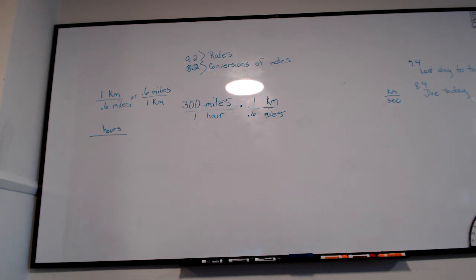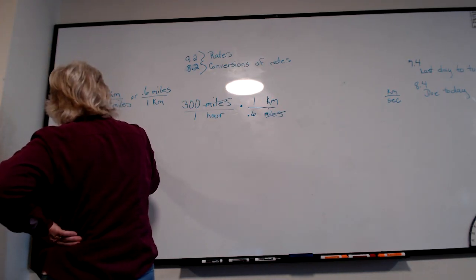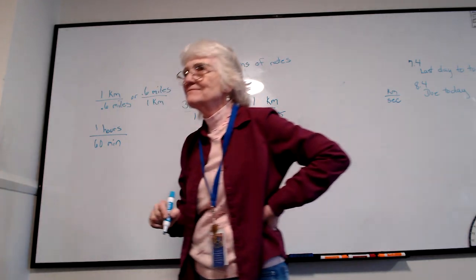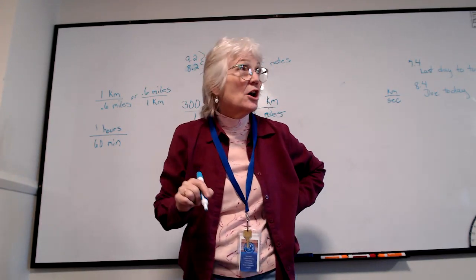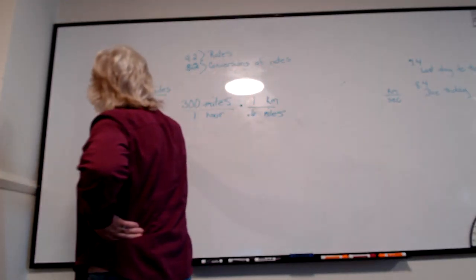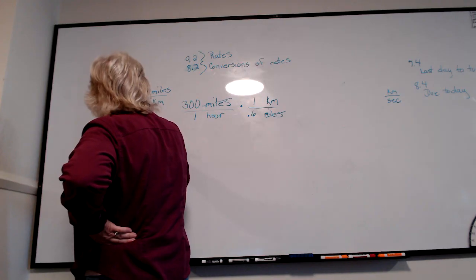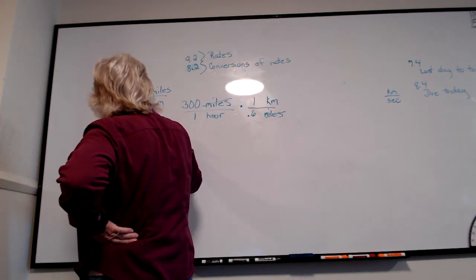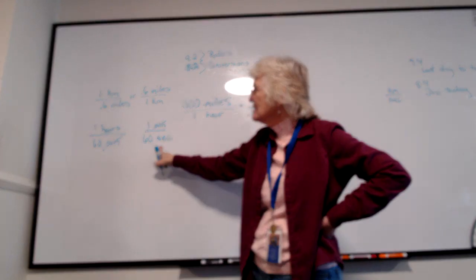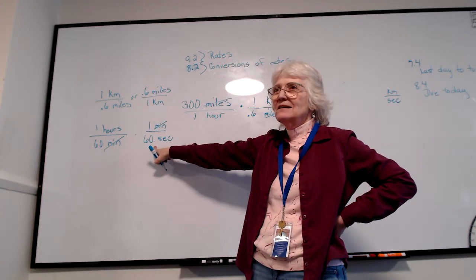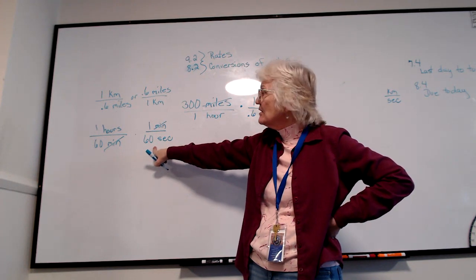So let's think about it this way. 1 hour is 60 minutes. Is that correct? Okay. But 1 minute is 60 seconds. In an hour, there's 3,600 seconds.